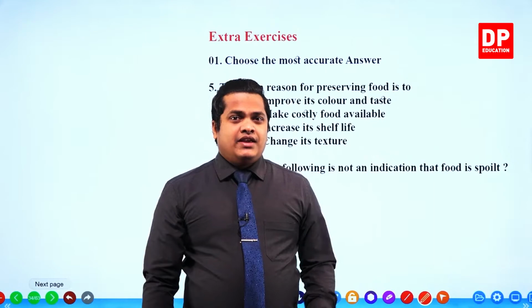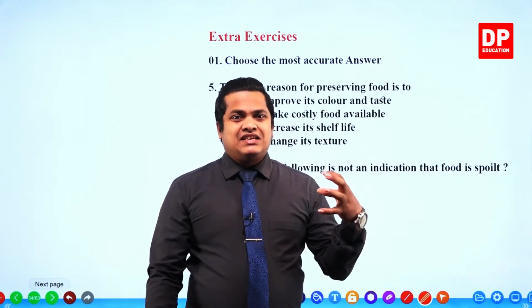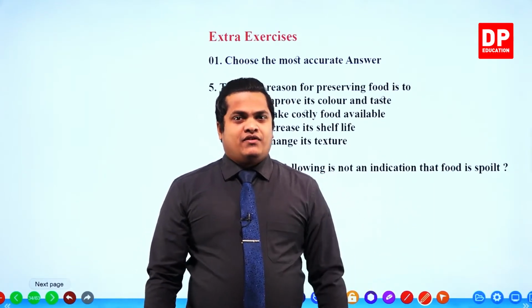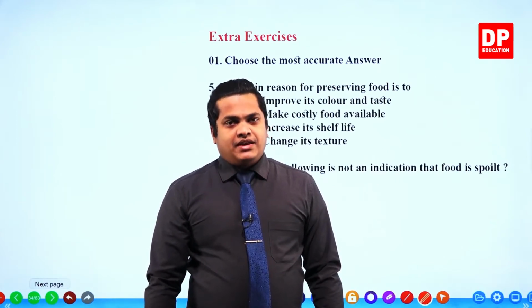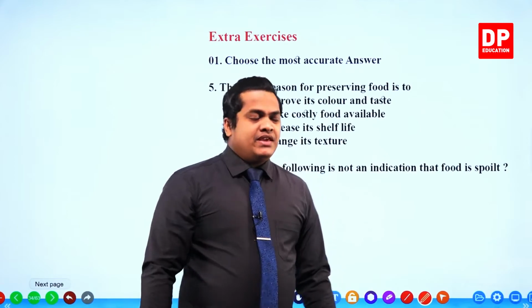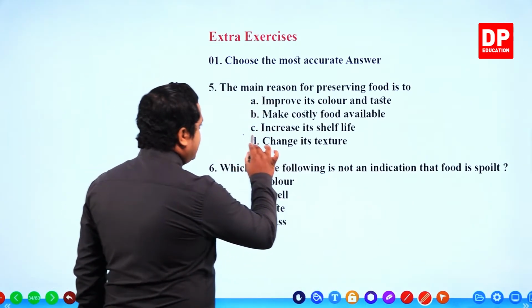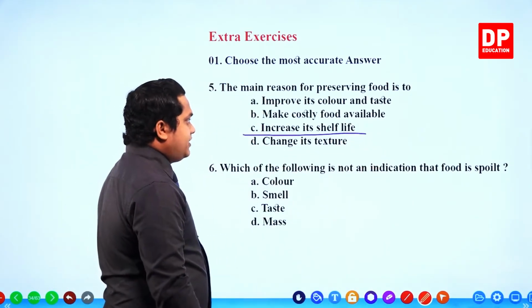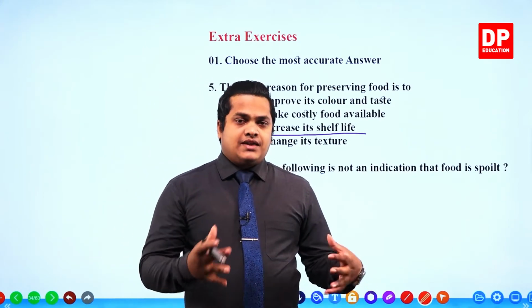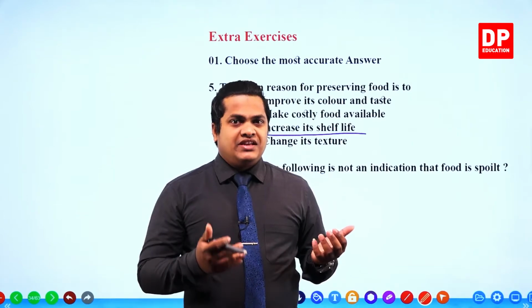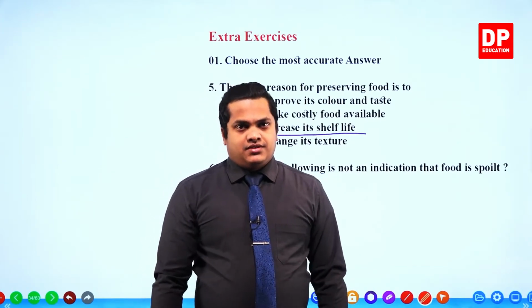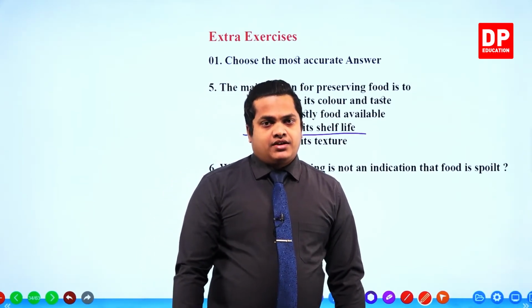By that way, we are going to increase the lifetime period of the food item. It means we increase the shelf life. Shelf life means the time period in which we can consume it. We increase that time period. So this is the correct answer.